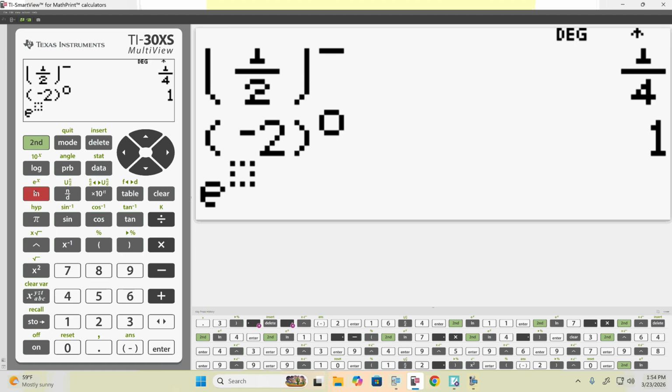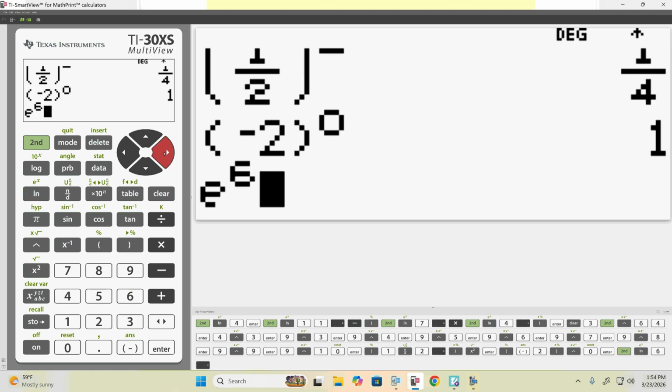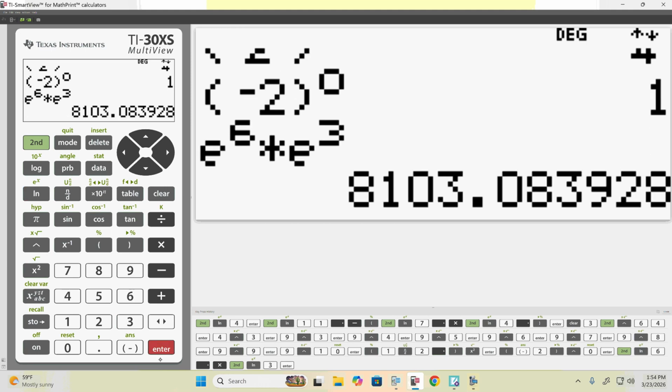But what we're looking at is e to the 6th times e to the 3rd, because if we hit second and then the LN button, it brings up e. So it tells me that the decimal approximation is 8,103.083928, going on and on.